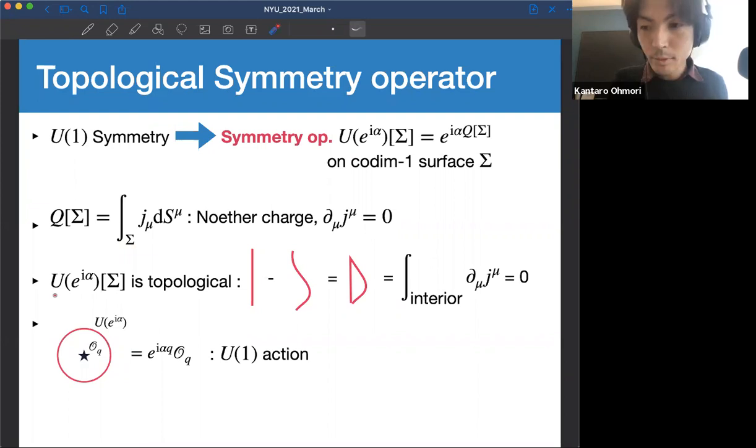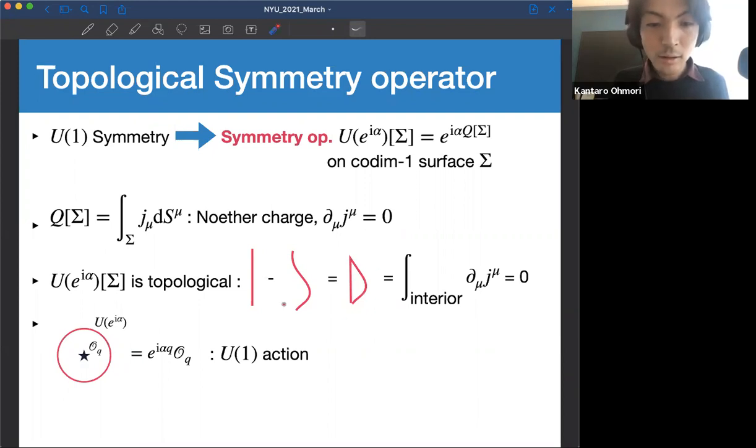And the crucial property of this symmetry operator, or even the Noether charge itself, is that it is topological. So consider some straight codimension-one surface, and some deformation of it, where you just make a bump. If you consider the difference between them, then the difference is just some closed surface.